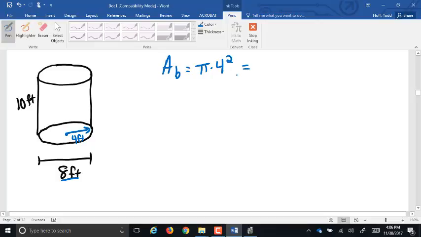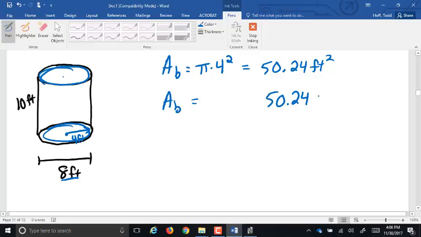So it's pi times 4 squared, which is 50.24 square feet. Is there a second base? That's the bottom. Is there another end? Yes, the top is also 50.24 square feet.